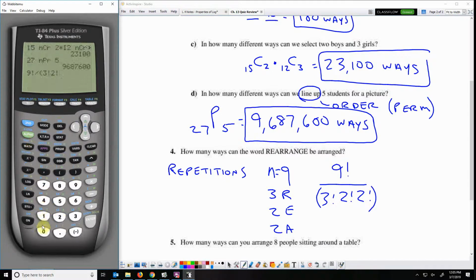And there's 2 of those. 2 factorial times 2 factorial is 2 factorial squared. 15,120 ways to rearrange those letters.